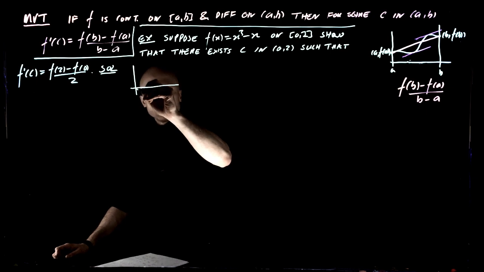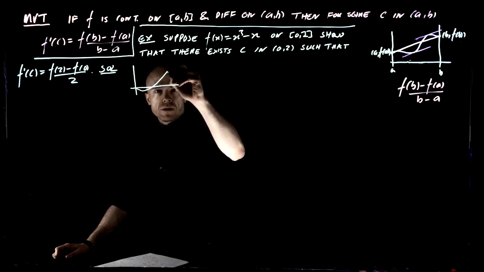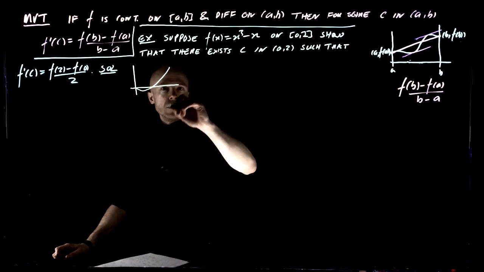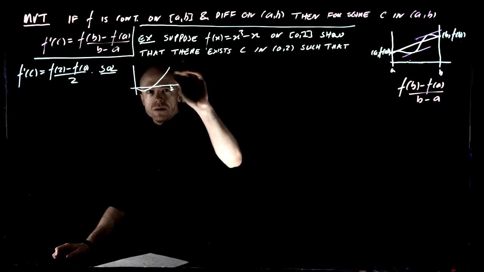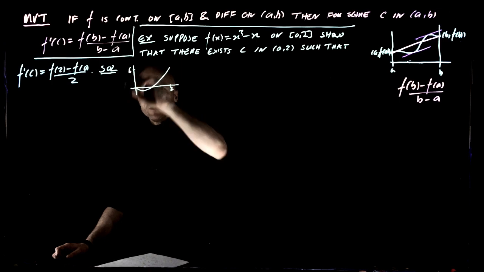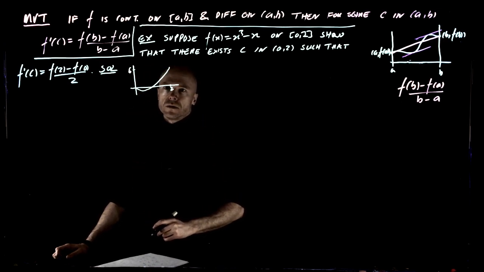So it's going to originally go down, and then it's going to go up. It's going to cross at 1, and at 2 it's going to take the value 6.